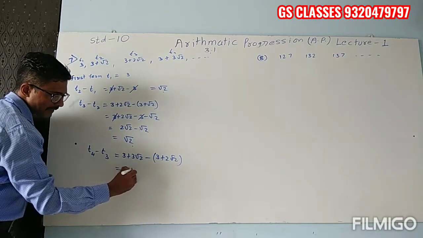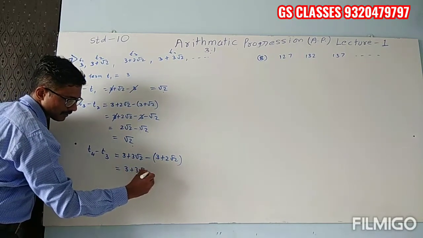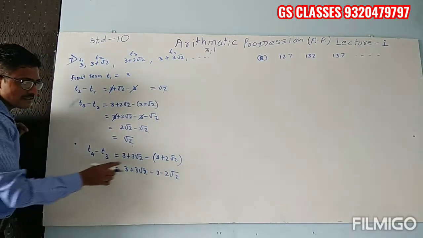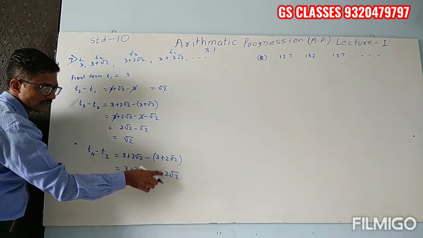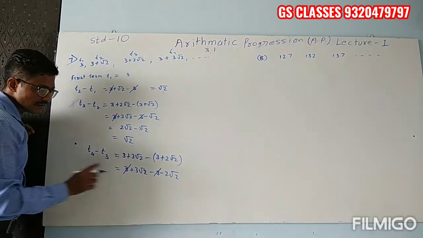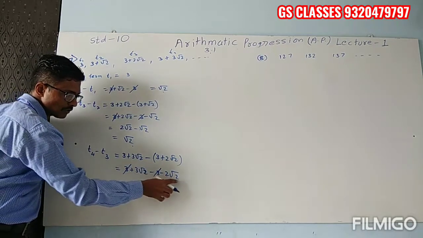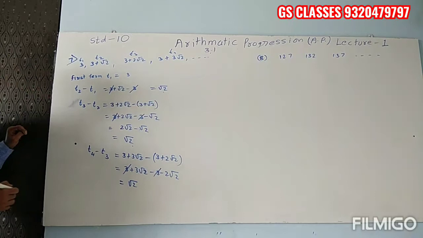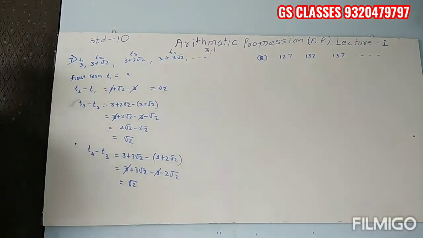Again open the bracket. Since we open the bracket here, sign will change. Minus 3 plus 3 will get cancelled. 3 root 2 minus 2 root 2 will come out as root 2.